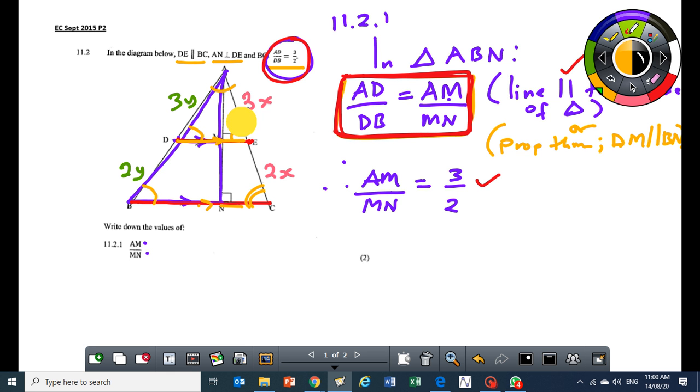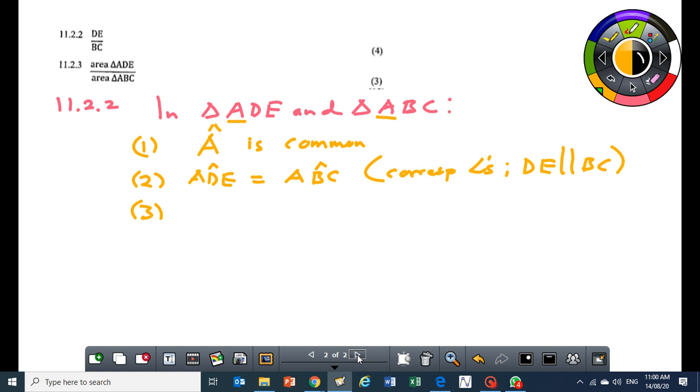So I can also say they are corresponding angles. So it will be angle AED is equal to angle ACB, and they are corresponding angles, and DE is parallel to BC.